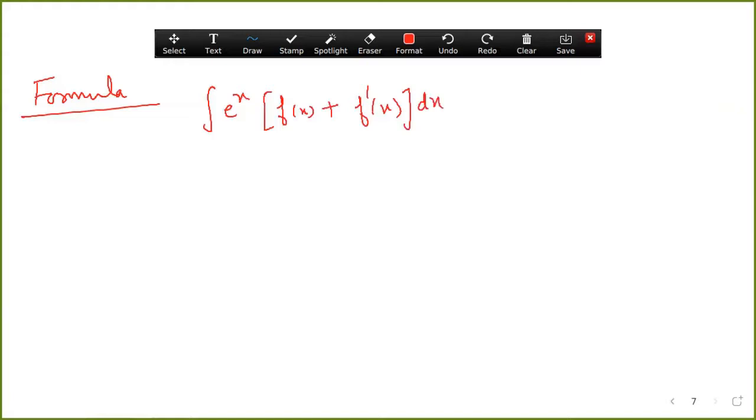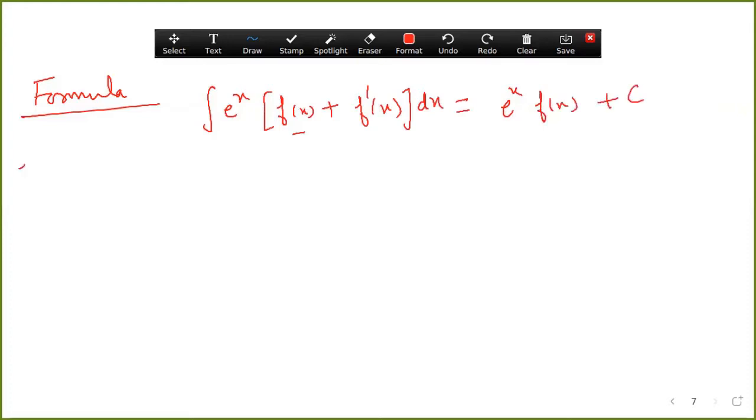What is the meaning of this? Function and its derivative both are given in the question, and e to the power x is the common part. Then the answer you can write directly. This type of question is given as 1 mark or 2 marks questions. So it can directly be written as e to the power x into f of x plus constant.